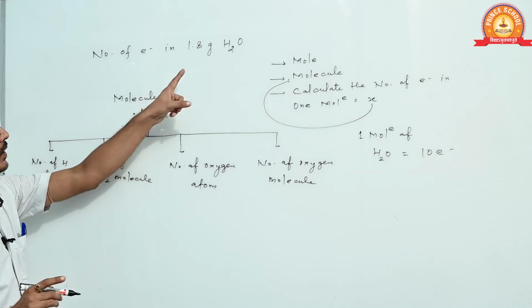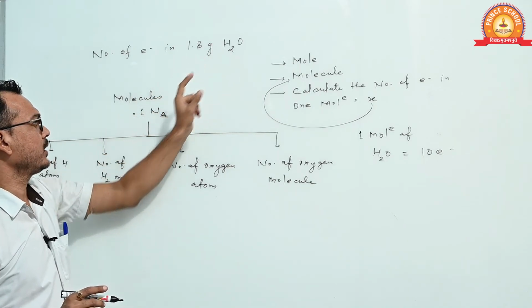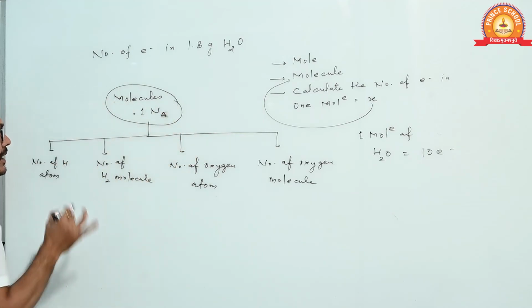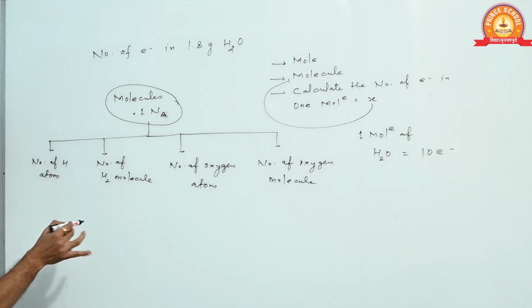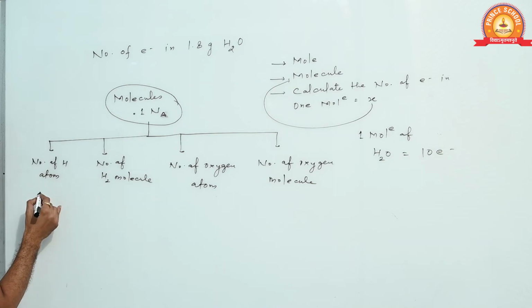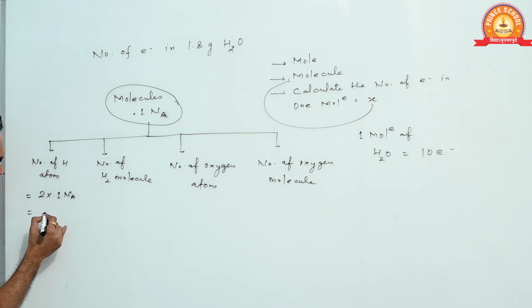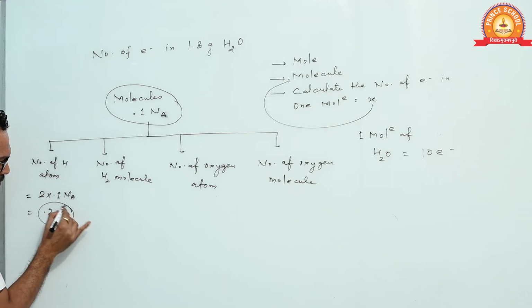Number of hydrogen atoms. We know that one molecule of H2O has 2 hydrogen atoms. Then 0.1 Na molecules of H2O, directly multiply, it is 2 into 0.1 Na and you get 0.2 Na as the answer.